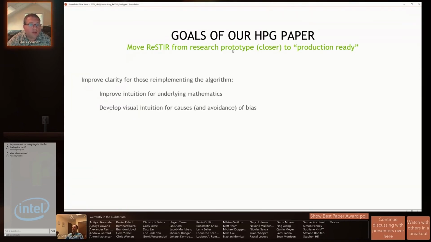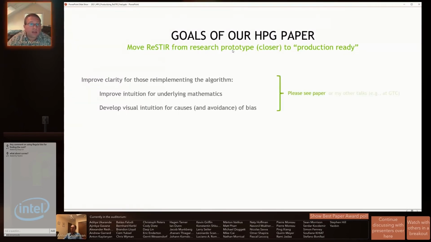And there's a couple things in this paper. The first class is to improve clarity for those re-implementing the algorithm. Five or 10 people independently started working on re-implementing it, and we had a lot of conversations with them, trying to help them understand the intuition for the underlying mathematics and the causes of bias in ReSTIR.